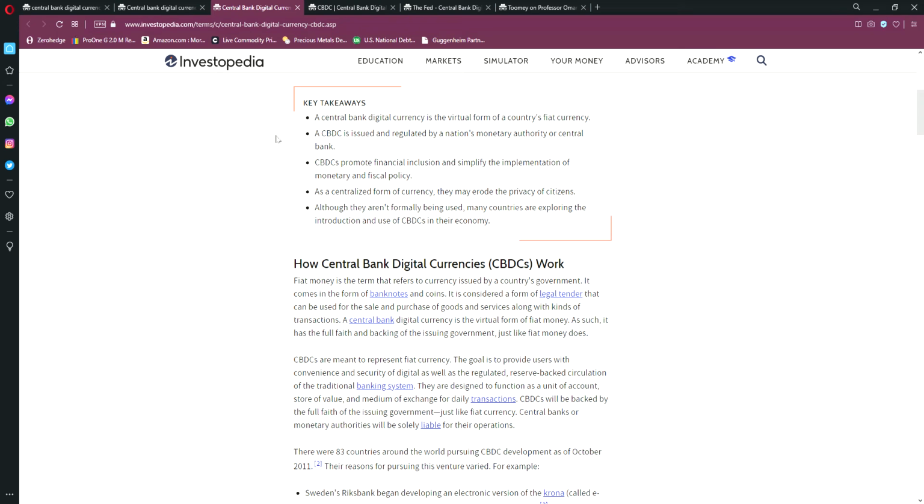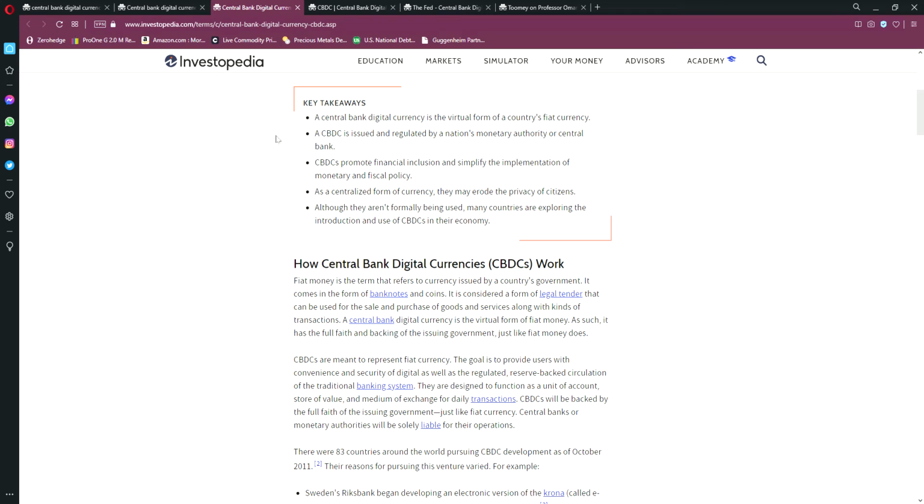So key takeaways: a central bank digital currency is the virtual form of a country's fiat currency. Wow, they are actually using it correctly. A CBDC is issued and regulated by a nation's monetary authority or central bank. CBDCs promote financial inclusion and simplify the implementation of monetary and fiscal policy.